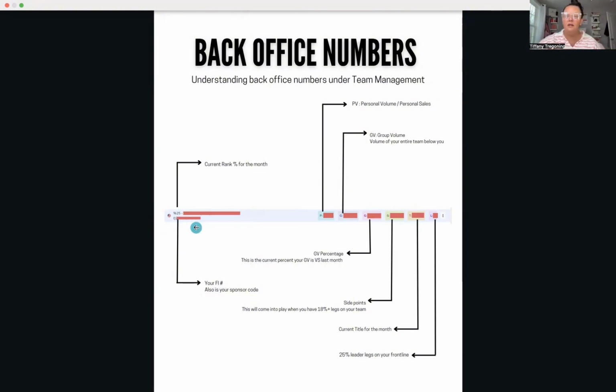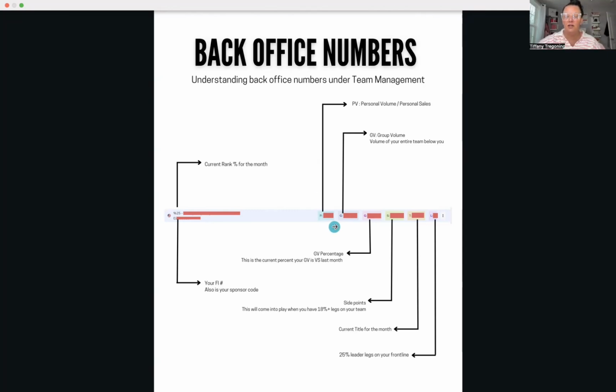This number that is underneath the name is actually your FI number, or sometimes you'll hear sponsor code. Same thing. And that is going to be the code for each individual FI that is underneath of you as well. The percentage rank that you're going to see next to everybody's name is going to be that current rank for that current month. So it's not going to show highest rank achieved. It's just going to show current rank for that month based off of your group volume.